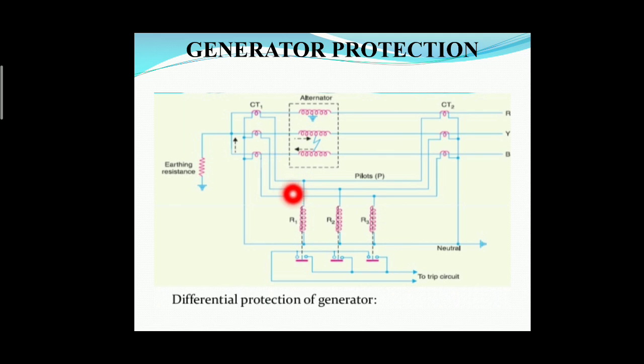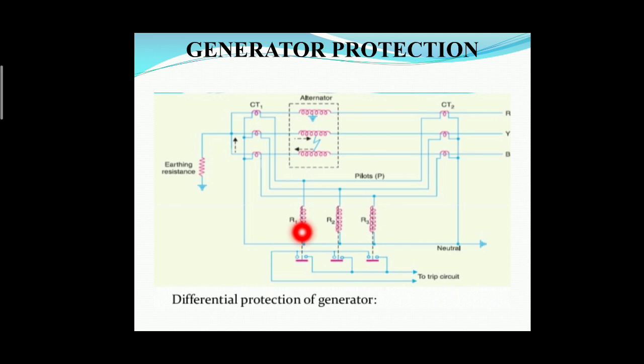On one end, the primary of CT1 is connected to the neutral, the secondary of CT2 is connected to the neutral, and the opposite ones are connected by the pilot wires. In the pilot wires we are connecting the tripping coils. These R1, R2, R3 are the tripping coils.